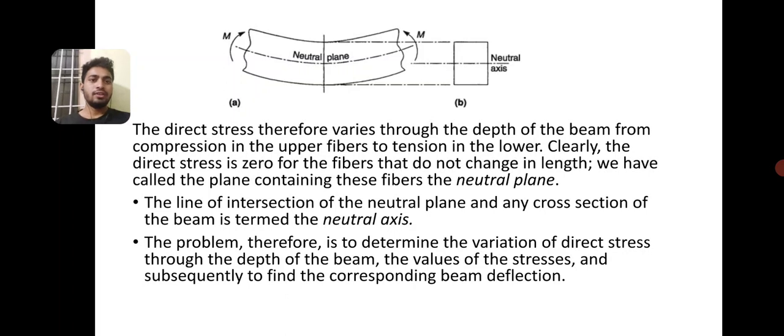The diagram shows that whenever a load is applied on a horizontal beam, it undergoes some deformation. The lower part undergoes tension and the upper part tends to compress.